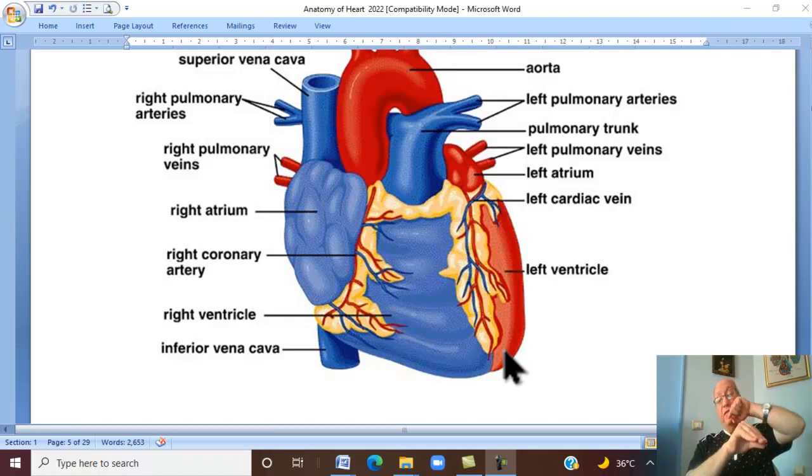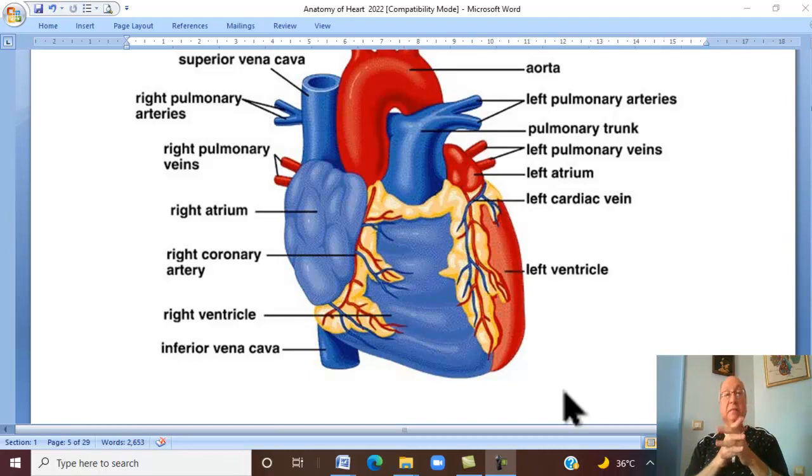The axis from the base to the apex is directed downward, forward, and to the left.